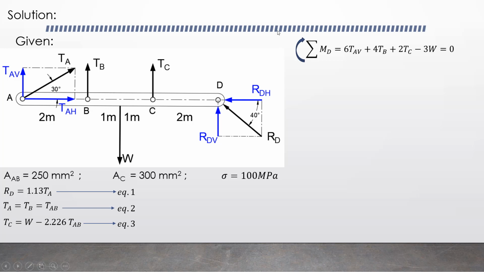Again, this arrow is just our reference to identify if it's positive or negative.